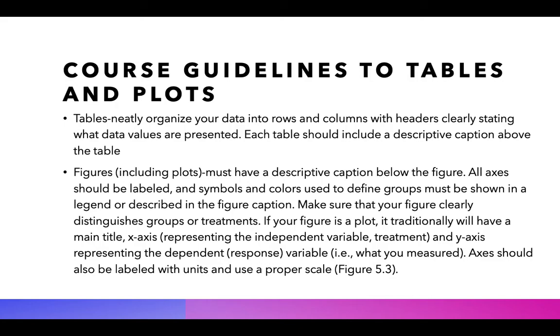Keep that in mind. Figures, like plots and stuff, must have a descriptive caption below the figure. All axes have to be labeled. If you are using a symbol or a color to define groups in your plot, you need to have a legend, or it needs to be described in the figure caption. And make sure your figure clearly distinguishes groups or treatments.